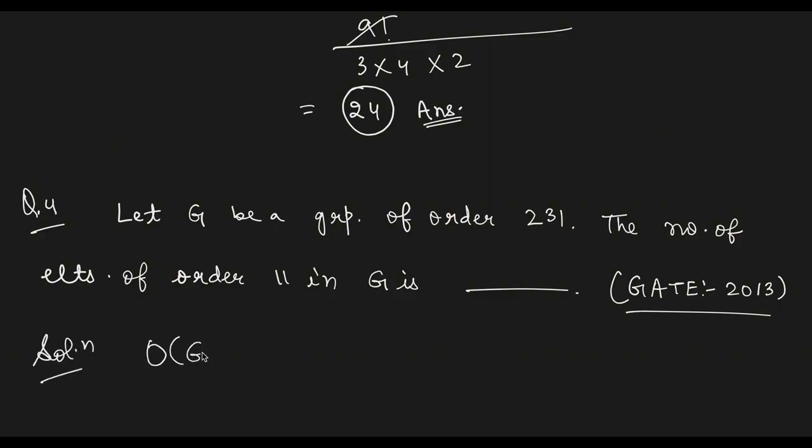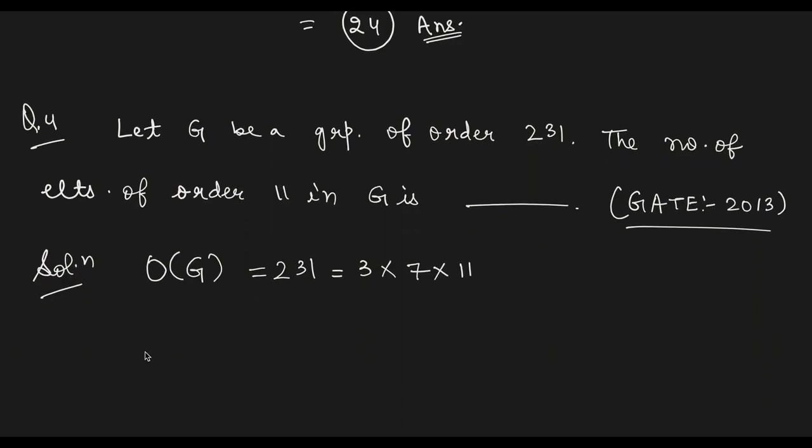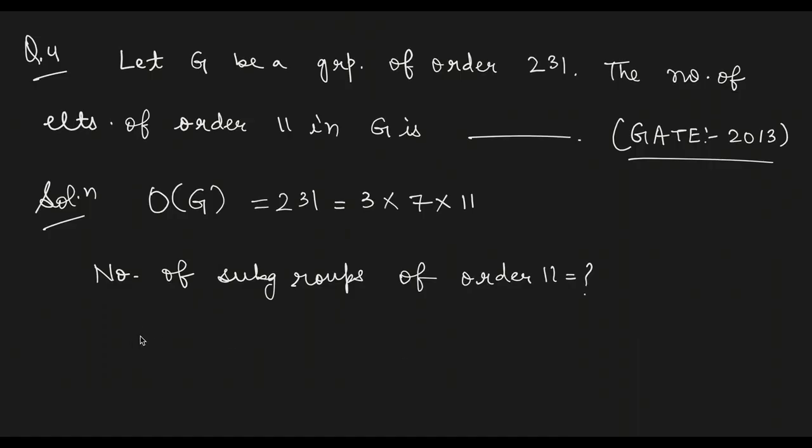So firstly, the order of group G is 231. Do its prime factorization: 3 into 7 into 11. And here I am asked the number of elements of order 11. So firstly I will find the number of subgroups of order 11. I will find this by using Sylow's third theorem.